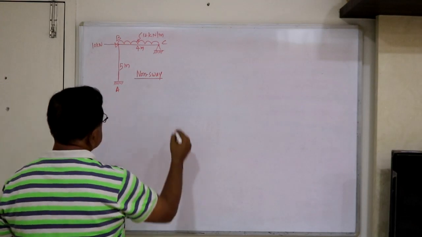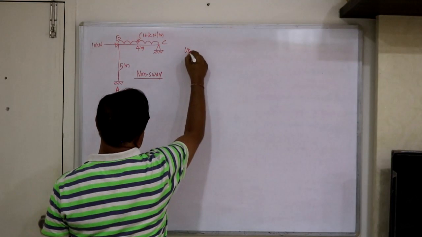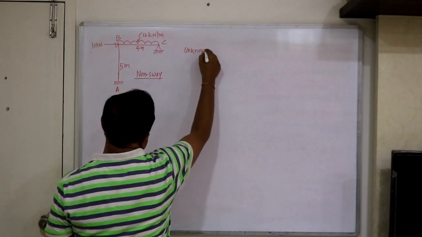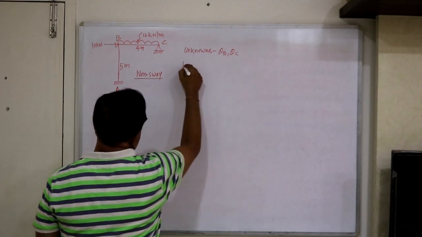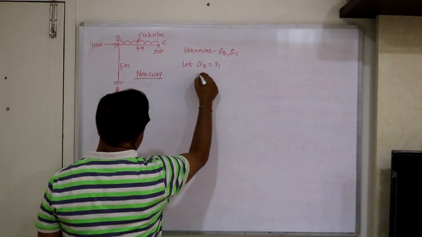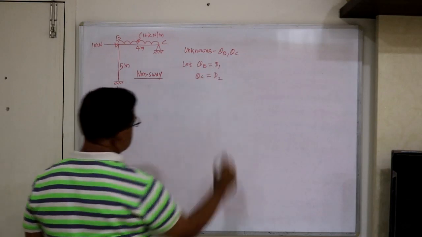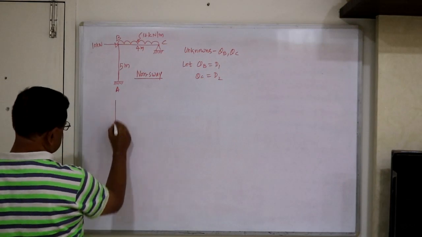If this is the case, what are the unknowns? So unknowns you can write here, that is theta B, theta C. Let theta B equal to D1, theta C equal to D2. Assign the coordinates. Means we will assign the coordinates like this.